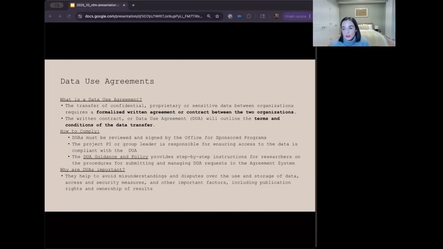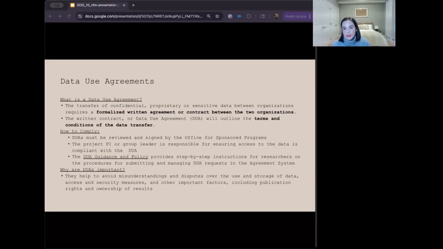They are considered research-related agreements and therefore must be reviewed and signed by the Office of the Vice Provost for Research, the OVPR. The different terms and conditions are going to vary depending on the laws and regulations that govern that specific type of data, as well as the policies and requirements of the provider and the recipient.